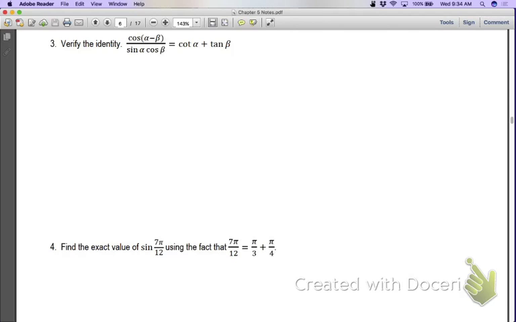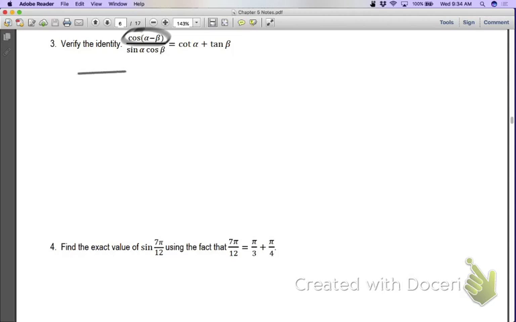We could, that's fine. Let's not, just to make sure that we're not going to overcomplicate anything. This one's going to work out fine either way. So then, how am I going to rewrite cosine of alpha minus beta?